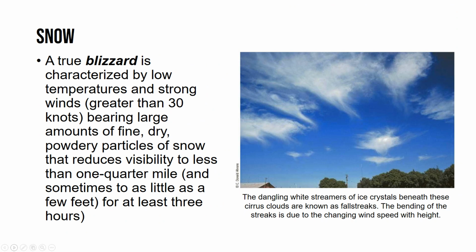Also, with regards to snow, there's what we call a blizzard. It's characterized by low temperatures and strong winds. We cannot relate so much with blizzards since we are a tropical country. A blizzard bears large amounts of fine, dry, powdery particles of snow that reduce visibility to less than 1/4 mile and sometimes to as little as a few feet for at least 3 hours.